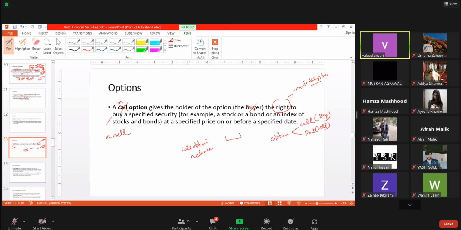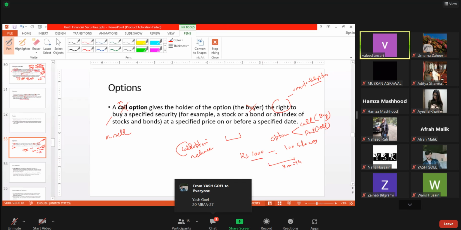Now, if somebody has a call option, a right to buy Reliance shares at a certain price, let us say, just as an example and not the actual price, 1,000 rupees for 100 shares of Reliance for 3 months. The duration is 3 months.